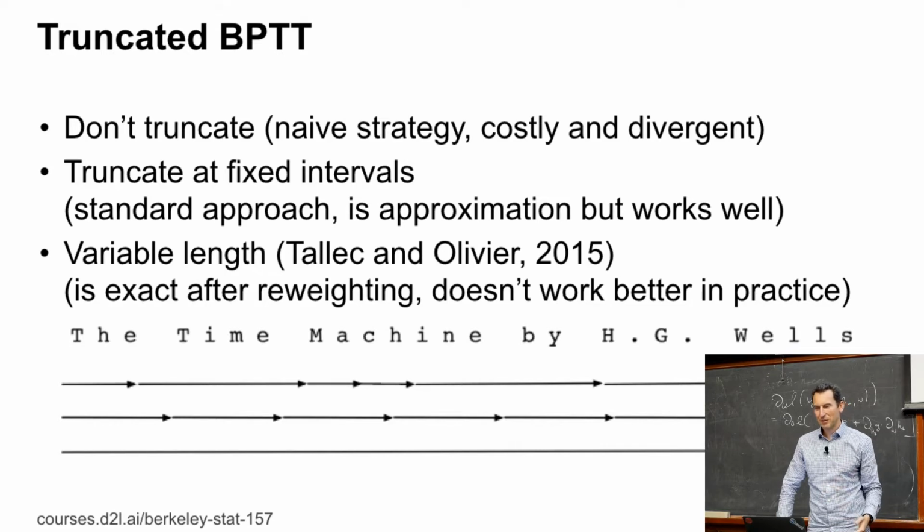Or what you can do, and there's this fun paper by Tallec and Ollivier in 2015, you basically use an estimator to replace this exact sum. And I'll show you the math for that on the next slide. Well, you essentially use a random length to truncate.